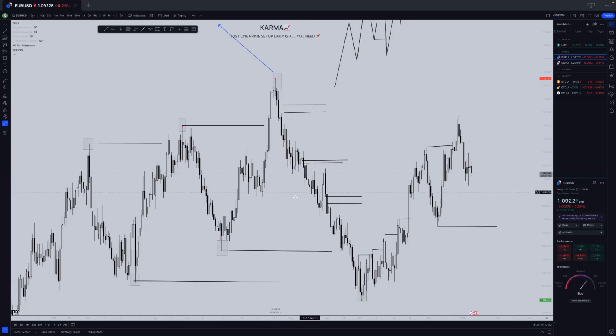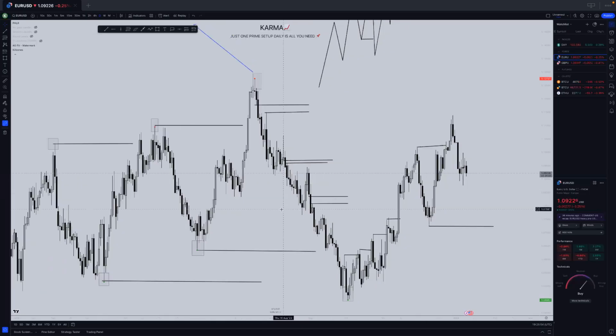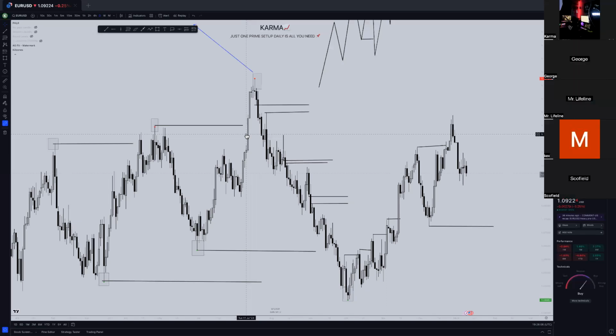Now, to know which type of wick to wick we are going to pay more attention to, this is where it comes in. I want you guys to listen attentively. I'll be explaining a lot of things in this breakdown. Now, this wick to wick right here is a result of a protected high, which means it is a valid point for us to look out for.